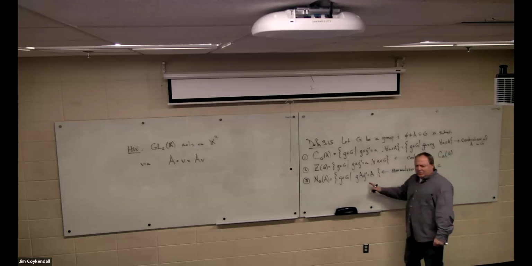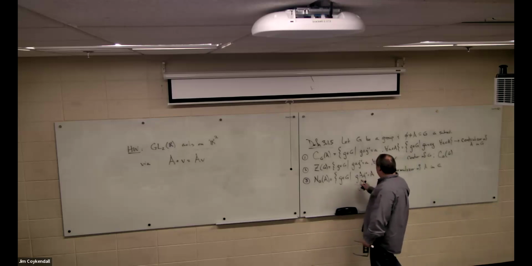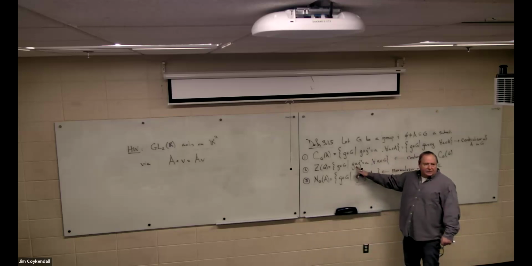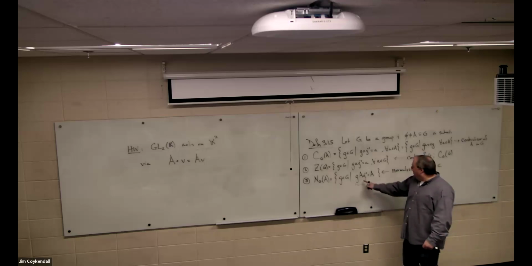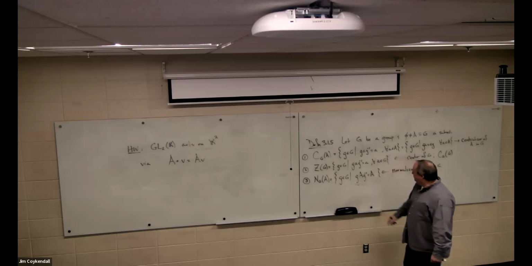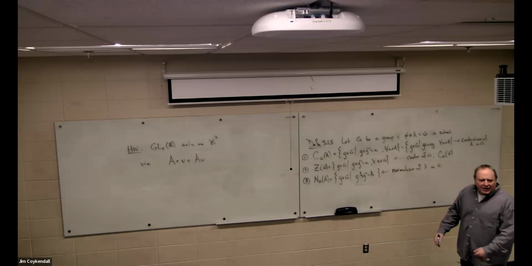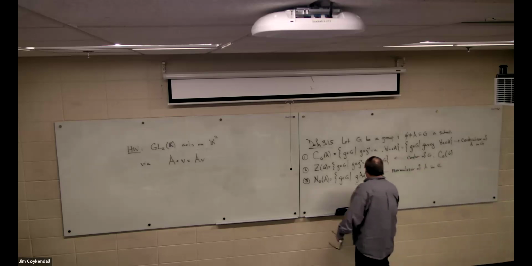Now, let me explain what I mean. I understand what this is, because G times A times G inverse is some element of the group. I'm not too sure what this is because this is a set. The notation is suggestive in the following sense.